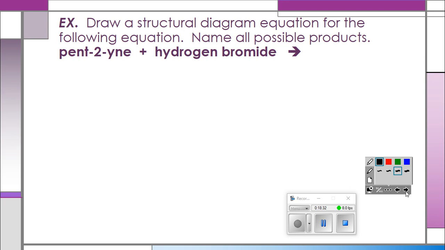So in this one, we have our pent. Now this time we have a triple bond. So there's actually a couple of scenarios for what can happen when you have a triple bond. It's possible that we have a limited amount of the other compound.